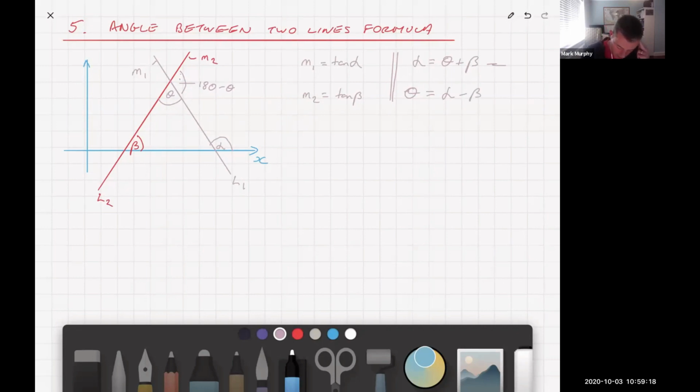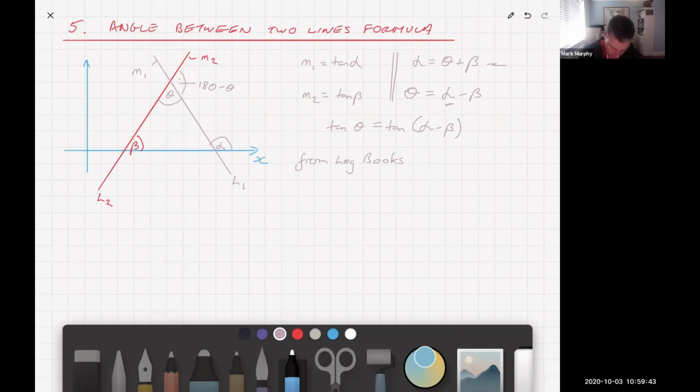So just by putting tan on both sides, we can say that the tan of theta is equal to the tan of alpha minus beta. I just took this formula and got the tan of both sides. Now, from your logbooks, there's a definition, you don't even need to remember it.